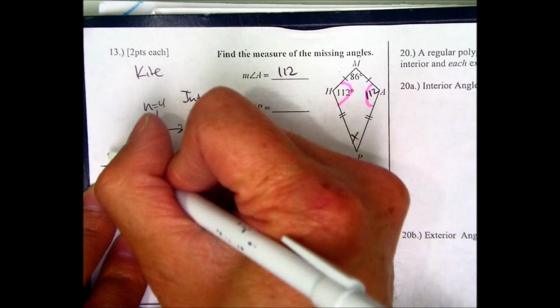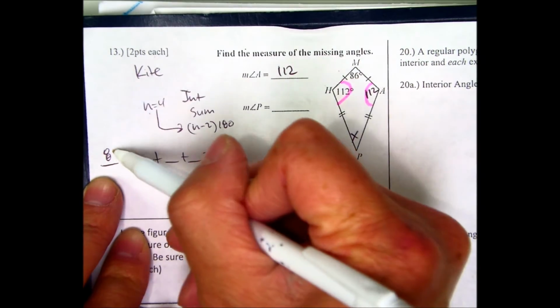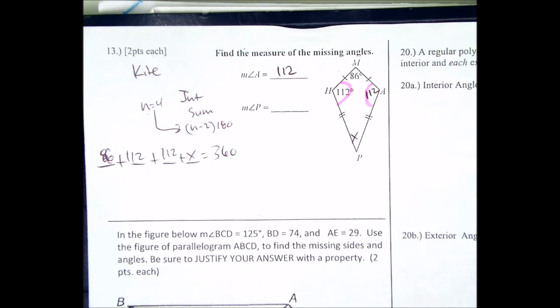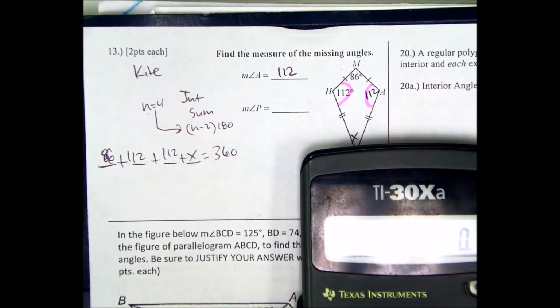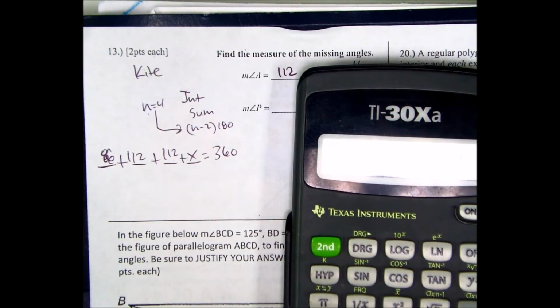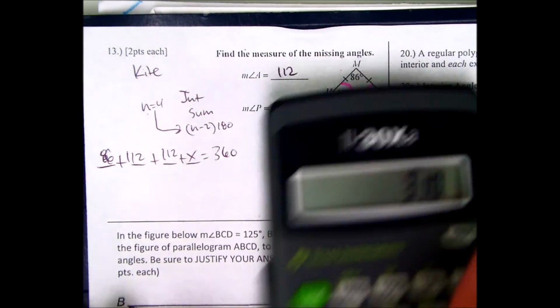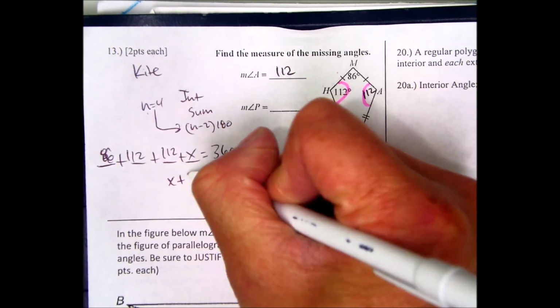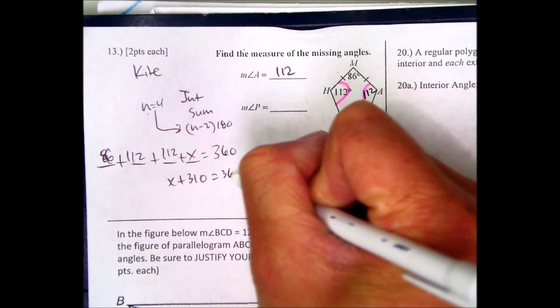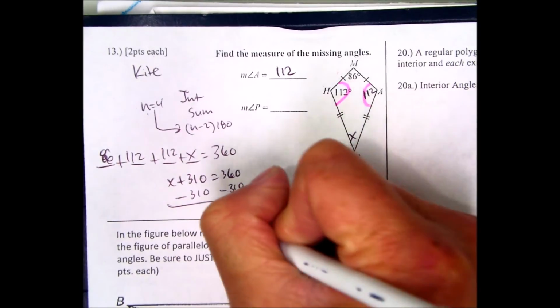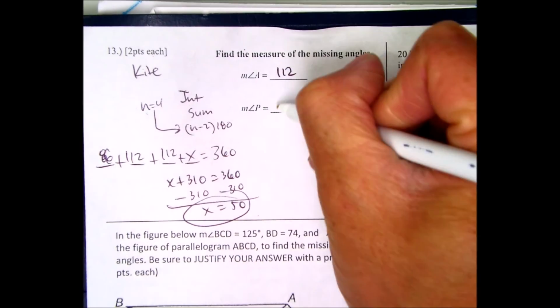And you just go ahead and put in all your values. So I got 86, 112, 112, and x. So 86 plus 112 plus 112 gives me 310. And go ahead and subtract 310 from 360. You're doing the opposites. X equals 50.